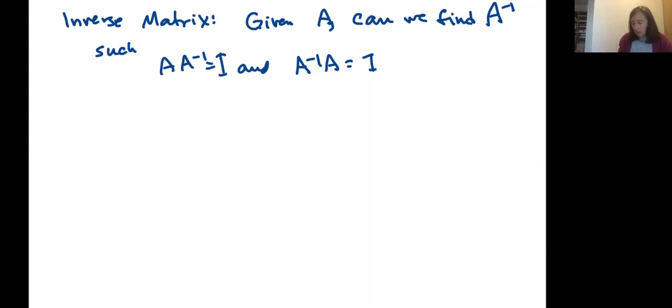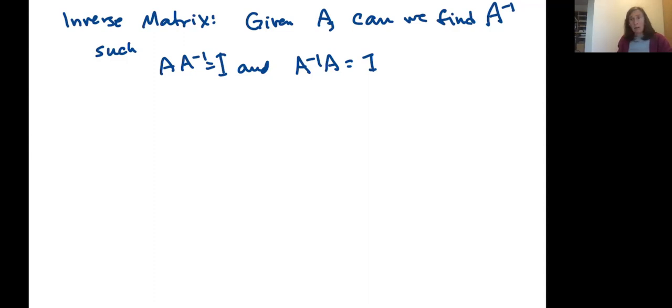Rule 3, if A is invertible, so it's the same thing as saying if A inverse exists, then so is A prime, and A prime inverse equals A inverse prime.